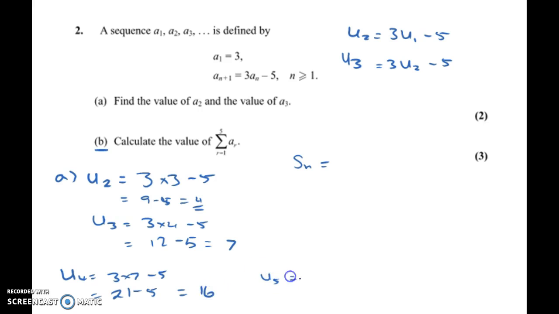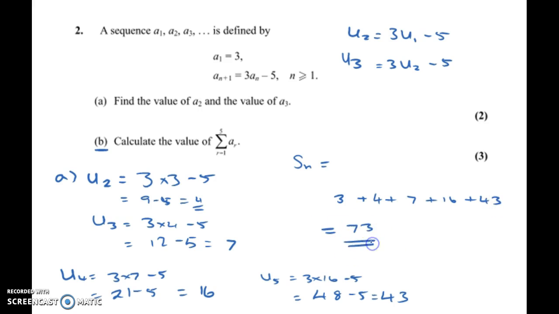And u5 is 3 times 16 take away 5, which is 48 take 5, which is 43. So we just need to add together 3, add 4, add 7, add 16, add 43, the first 5 terms, and here we get 73.